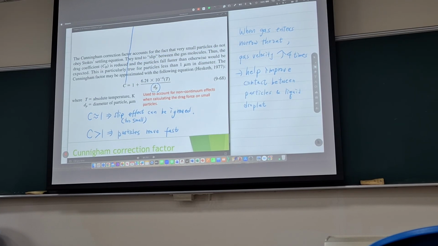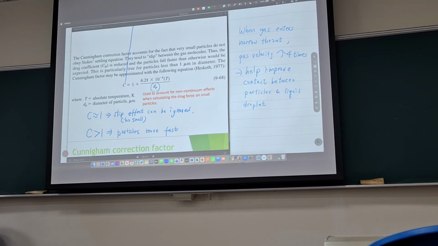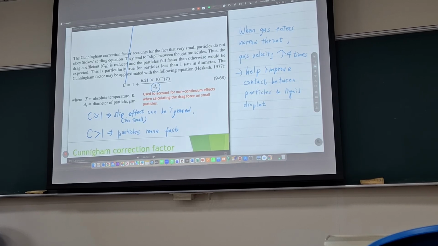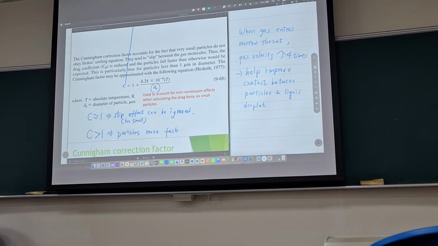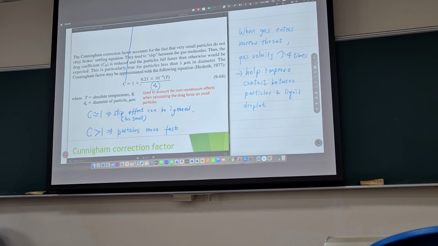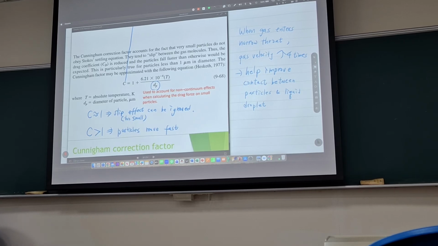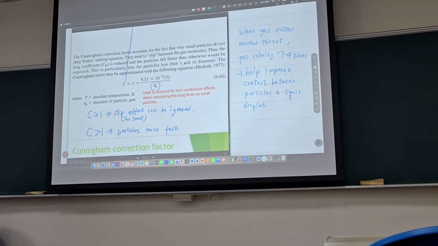But in this course, as I mentioned, I will not ask you to derive it. In the transfer phenomena course or in unit operation, I will ask you to derive, but not in this course. In this course, you just need to know how to use the equation and what those numbers mean. That will be good.